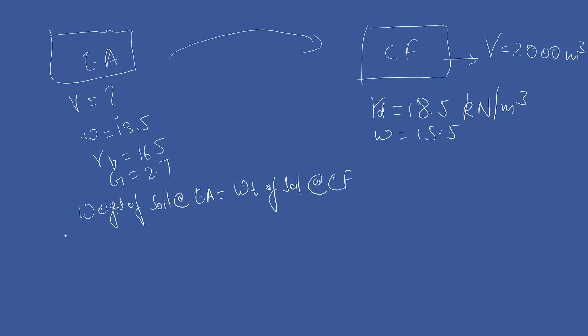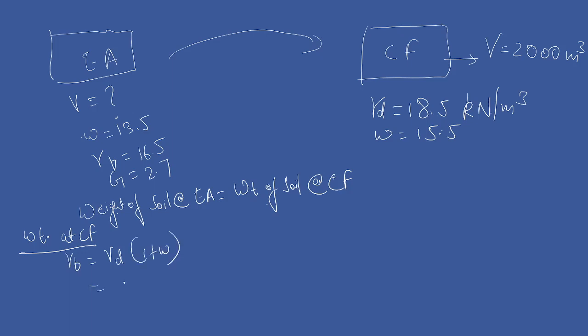First we will calculate how much weight is required at the compacting field site. We know the volume of the soil, gamma dry. Basically first we need to calculate the gamma bulk because that will give us the total weight. Gamma bulk is given as gamma d into 1 plus w.